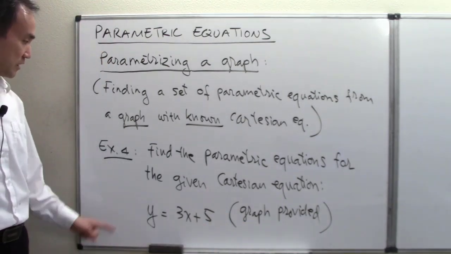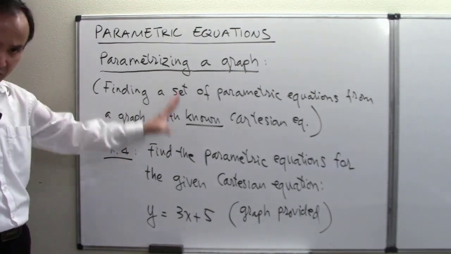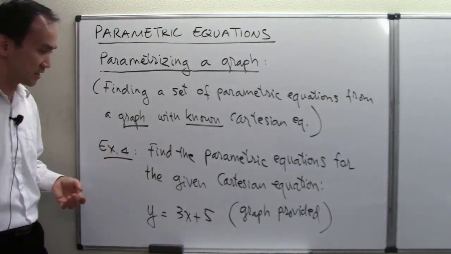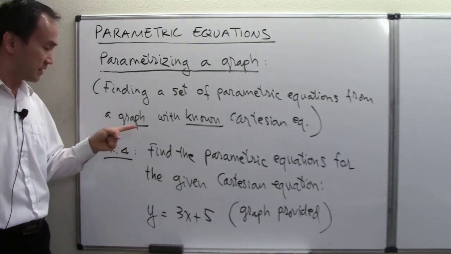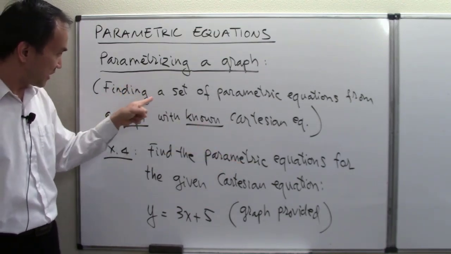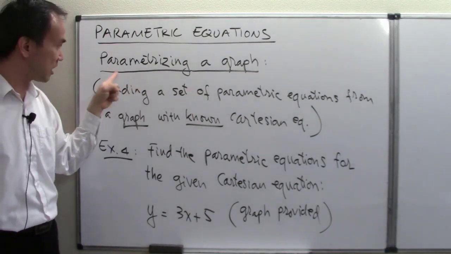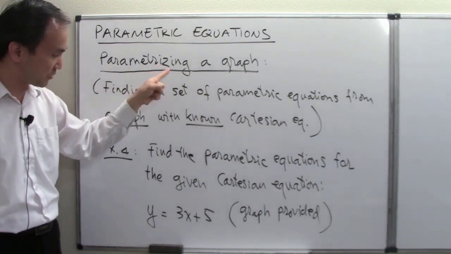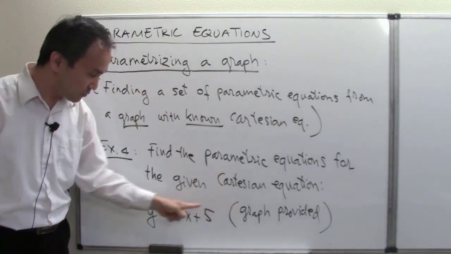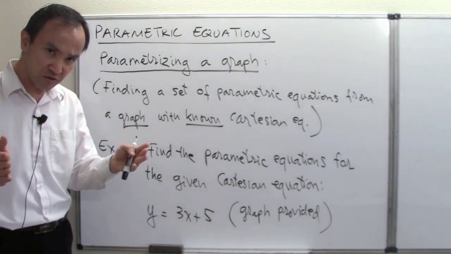And so clearly you can see the instruction of example number 4 here, and it's one class of big problems, so that's why I put that as an example with a number. But we want to find the parametric equation. That's why it says finding a set of parametric equations. The work we're doing here is called parameterizing. We are parameterizing a graph because the graph will be provided with this equation. So anytime we have a Cartesian equation, there will be a graph coming along.